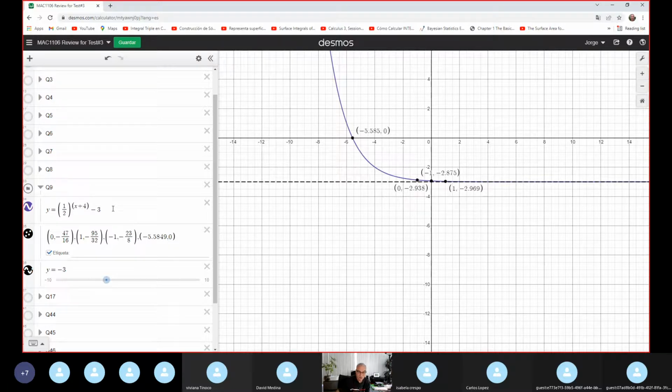It's exponential decay, going down. And the asymptote is located at y equals -3. More clear? Yes. Okay, super. Let's move on again to the whiteboard.